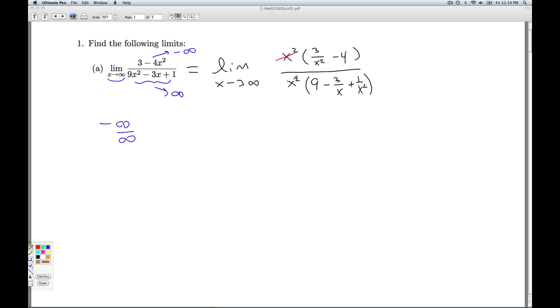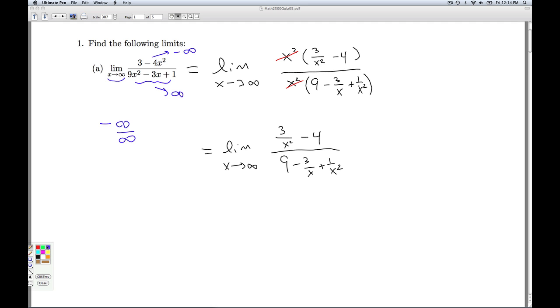The x squareds cancel out. And so I'm left with the limit as x goes to infinity of 3 divided by x squared minus 4 divided by 9 minus 3 over x plus 1 over x squared.